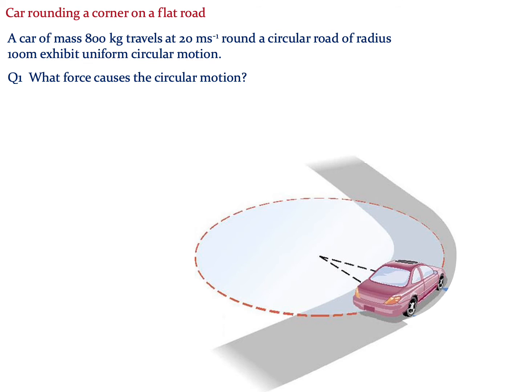Question 1, what force causes this circular motion? Now, before you answer that, we know it's a centripetal force, but the question is, what's causing the centripetal force? Well, it is a centrally directed force, a centripetal force, and it's caused in this case by the road on the tyres causing friction.